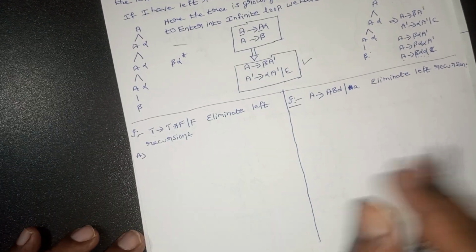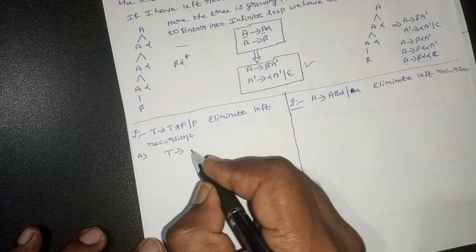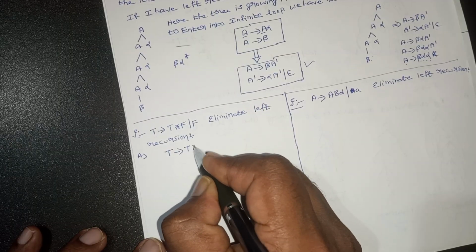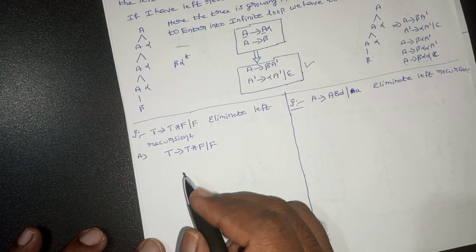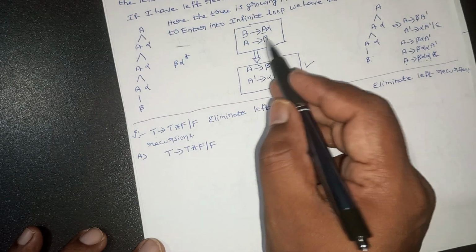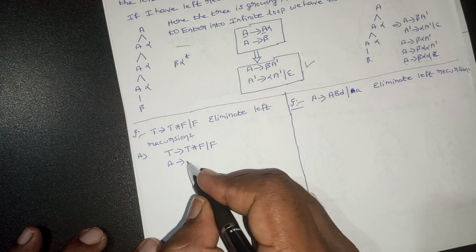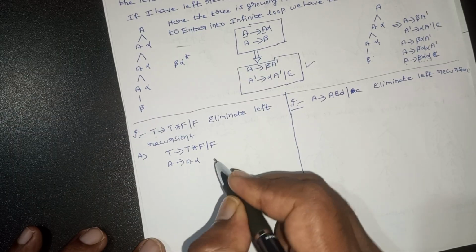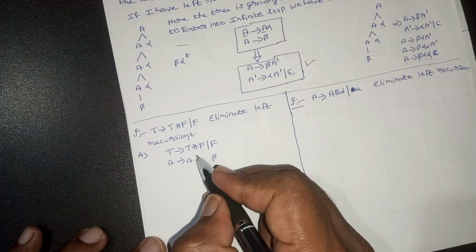Now you see here, for example, T tends to T star F or F. This is a grammar with left recursion, so you have to apply this formula. A tends to A alpha or beta. Now what is A?